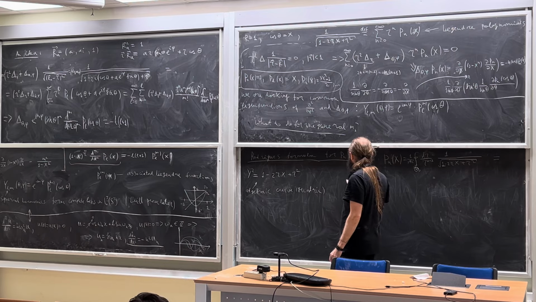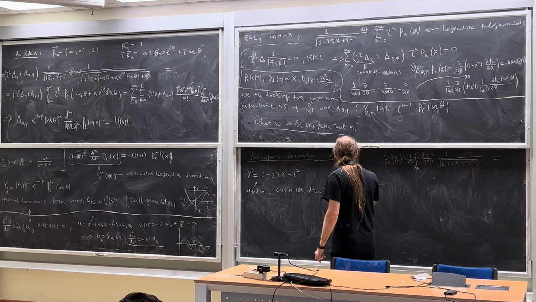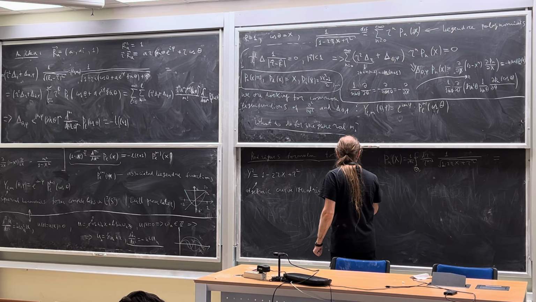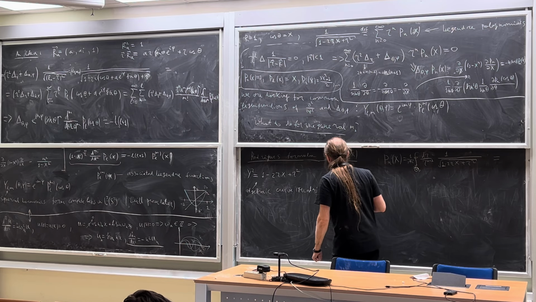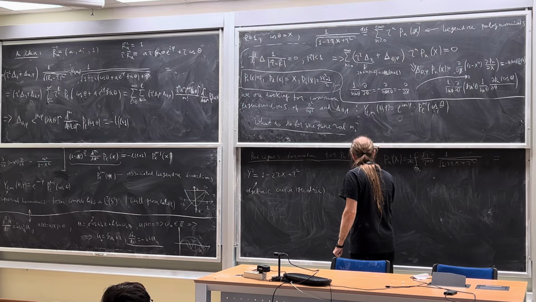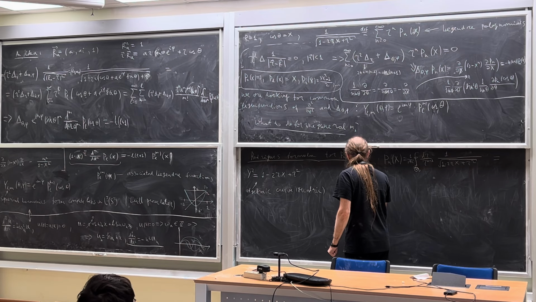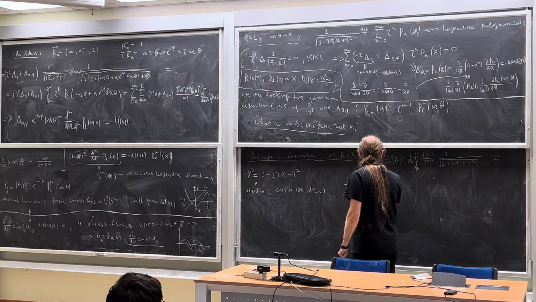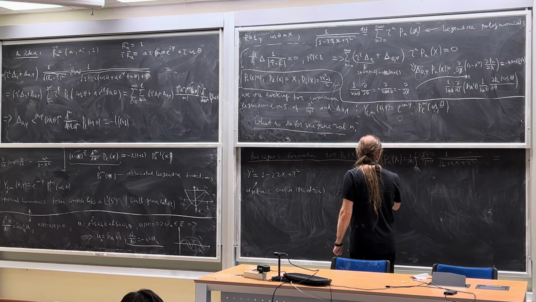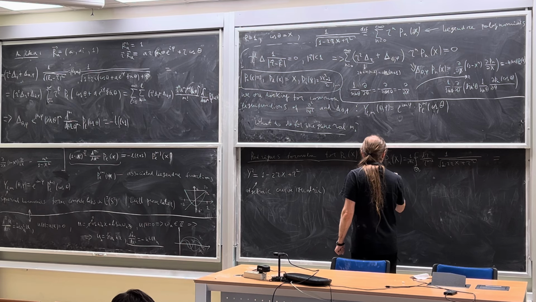We can write that this integral equals 2 pi i dr over r to the n plus 1 over y.